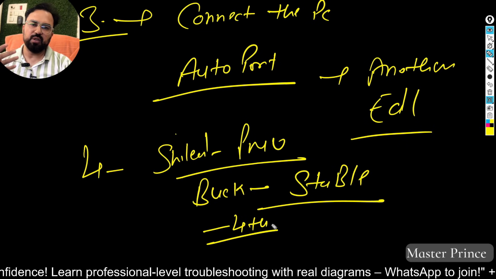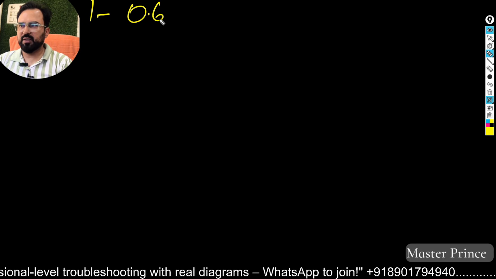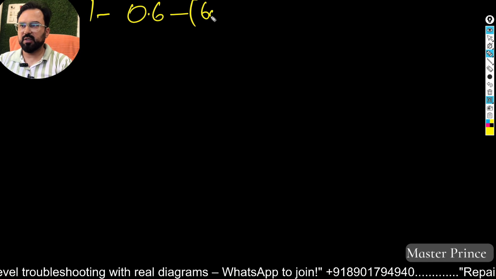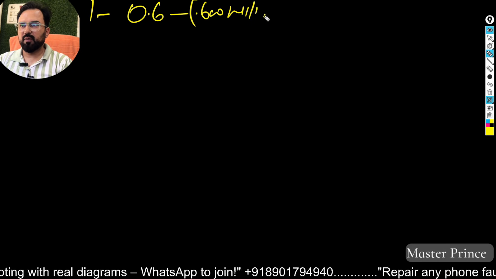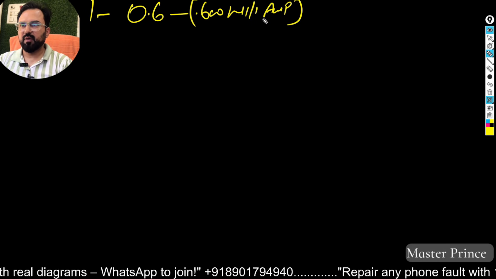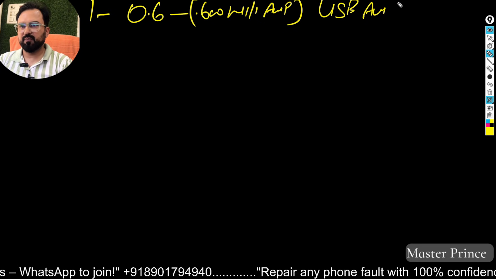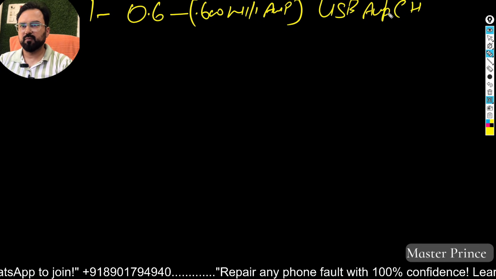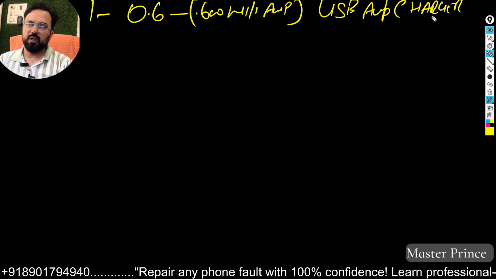So check according to the sequence first of all. Number 1, the 600 milliamp USB amp charger, clear.